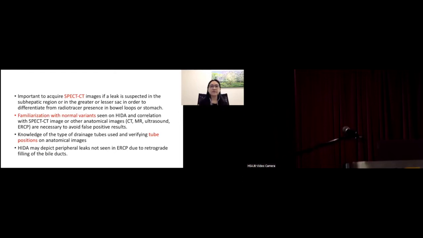Knowledge of the type of drainage tube used and verifying the tube position on anatomical images is also needed. HIDA may depict peripheral leaks not seen in ERCP due to the retrograde filling of the bile ducts.